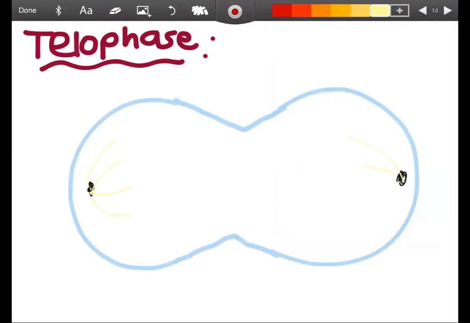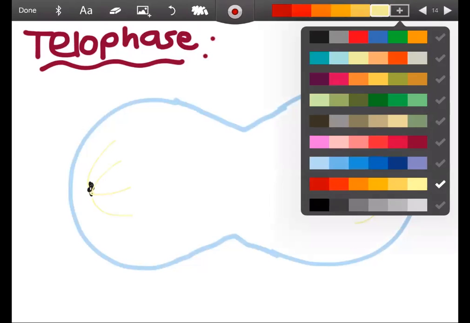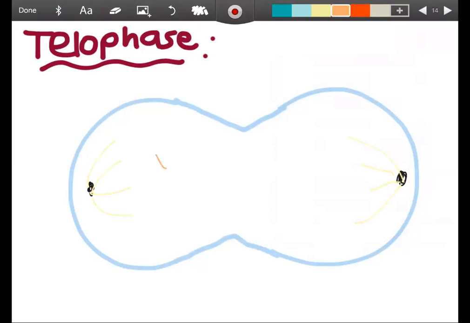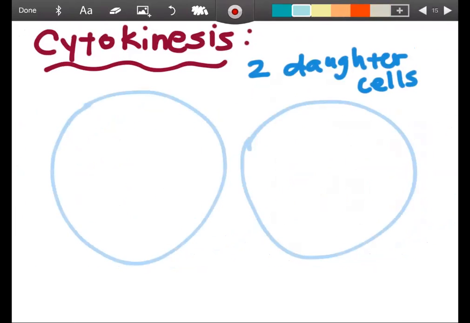We have our spindle fibers, and then we have these chromosomes. And the nuclear envelope is going to start to form around them. And this is essentially going to form separate nuclei for each of these daughter cells. So in order for these daughter cells to form, cytokinesis needs to happen.